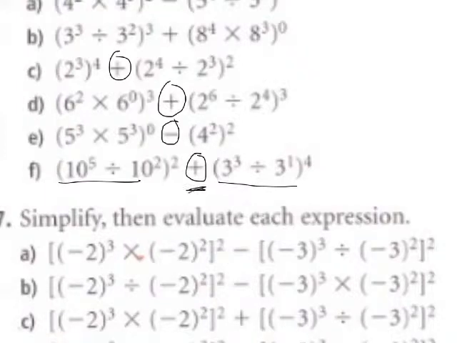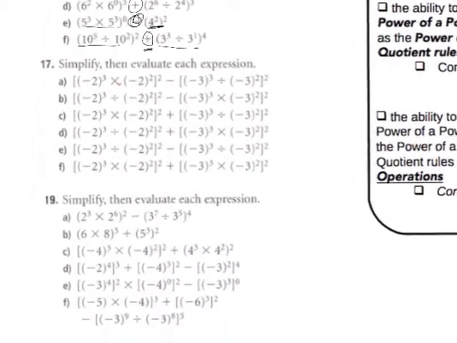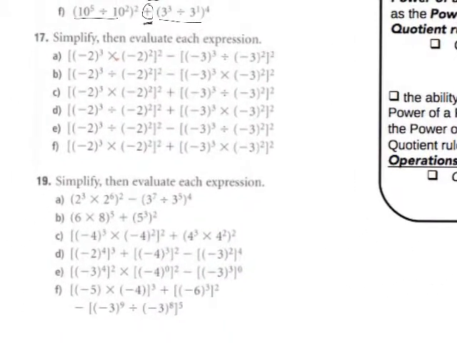Then we add. This side gets done and then this side. And then we subtract. Be very careful, because that tricks up a lot of people. And then they get the wrong answer and they don't really know where they went wrong. Keeping in mind there's no rules for adding and subtracting of powers.